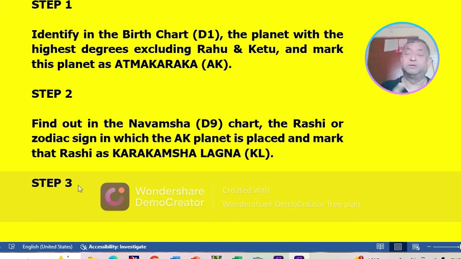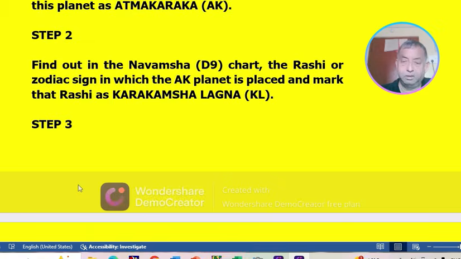Find out in the Navamsha D9 chart the Rashi or zodiac sign in which the AK planet is placed, and mark that Rashi in the Navamsha as Karakamsha Lagna, in short KL.